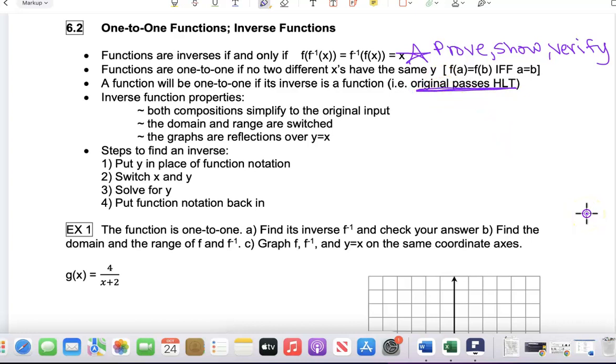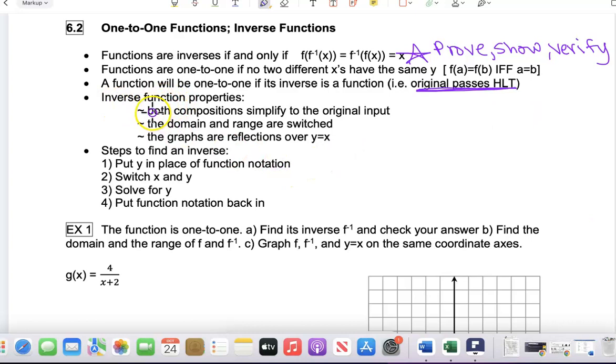It works the same way as a vertical line test, except that we're performing it on the original function to decide if the inverse is a function, because that's what will decide whether the function itself is one-to-one. By the fact that it's a function at all, the original already should pass the vertical line test. But if it also passes the horizontal line test, then it's a one-to-one function.